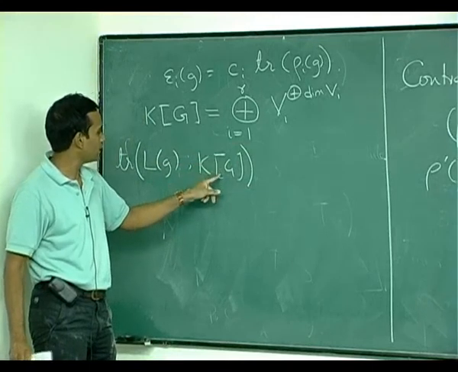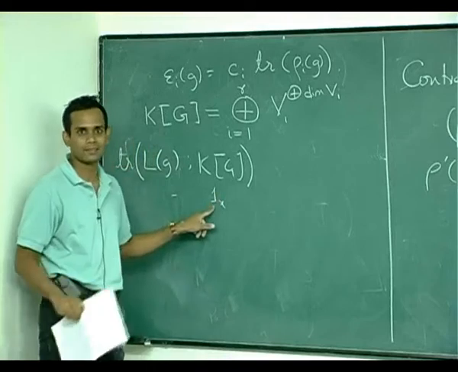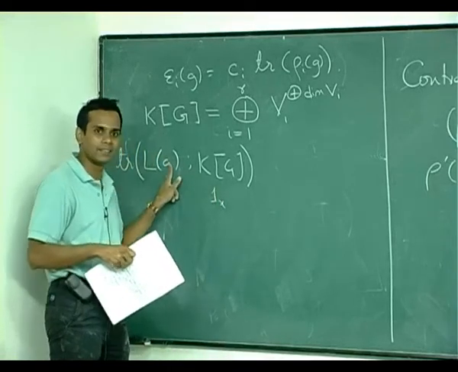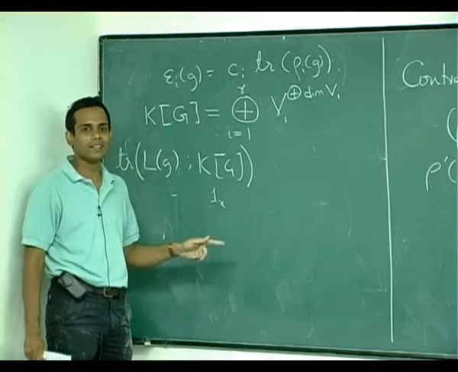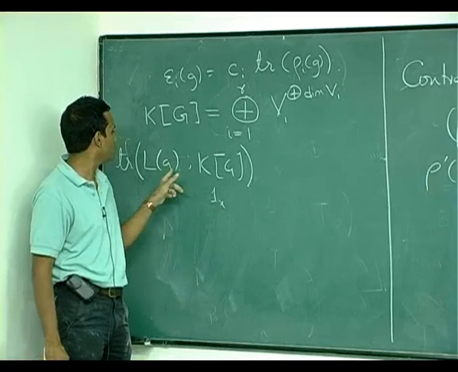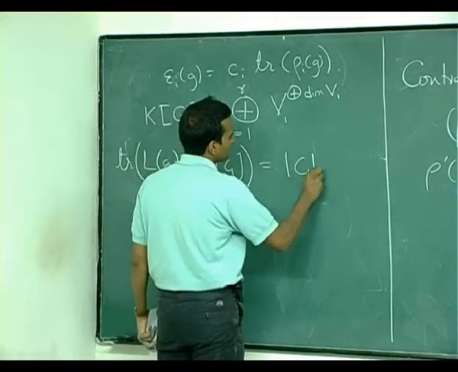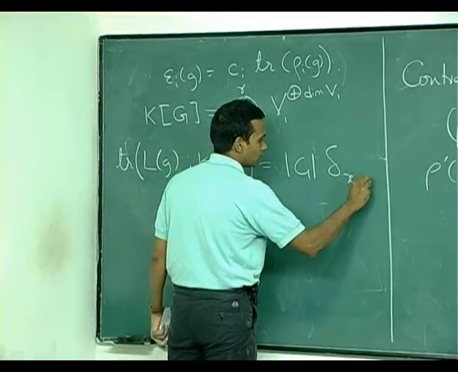So if you take the basis 1 subscript x here, it will go to 1 subscript gx. So this entire basis gets moved if g is not the identity, and the entire basis gets fixed if g is the identity. So you'll either get trace 0 or you'll get trace equal to cardinality of G. So this is cardinality of G times delta_x times identity of G.